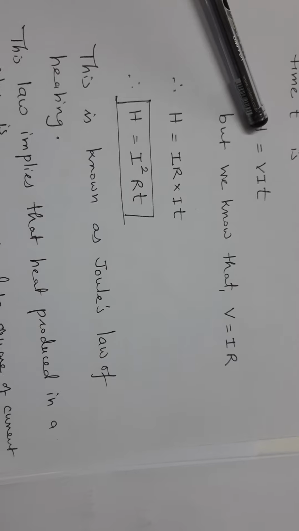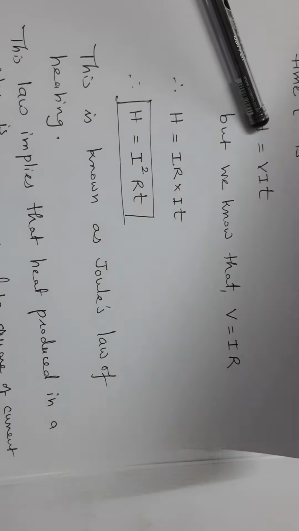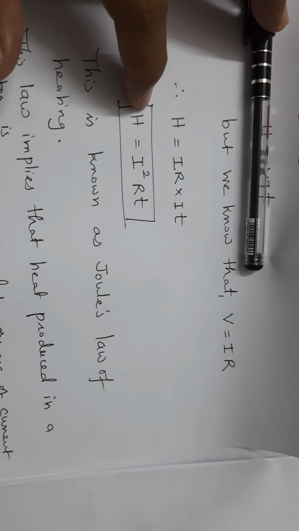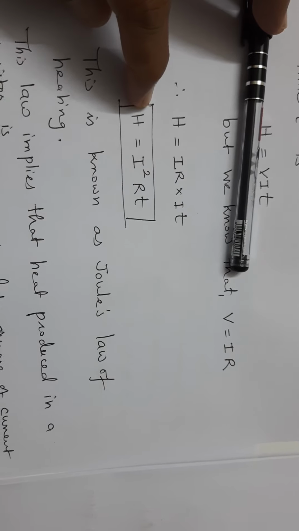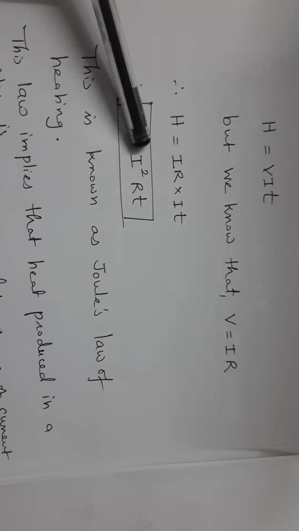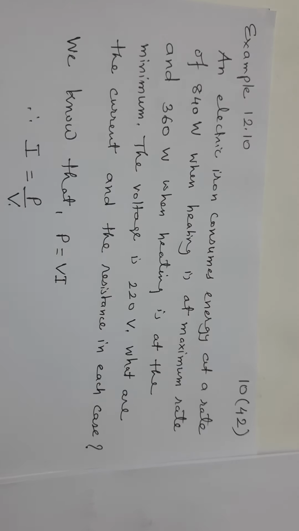Now this statement we have written from what the formula is, H is equal to I square Rt. So do remember this particular result, H is equal to I square Rt.